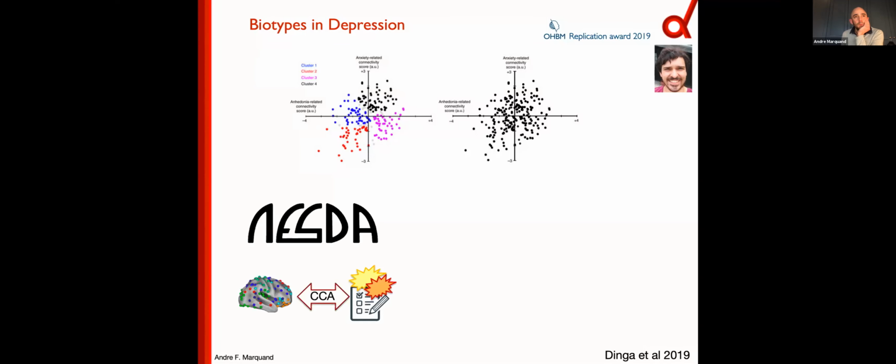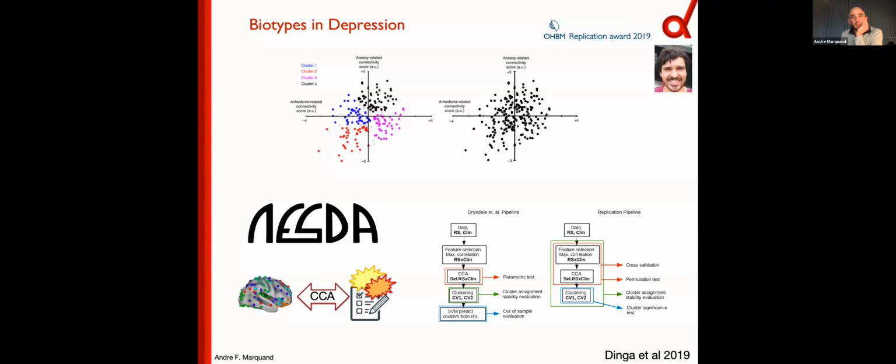Richard went on to replicate this study, at least from the methodological perspective, using the NESDA sample. I'll describe that in a minute. We also think that there were some problems with the statistical analysis of this paper. There were lots of in-sample tests. They didn't test the whole analytic pipeline and so on. So Richard developed a more rigorous statistical evaluation of this pipeline and applied it to this sample.